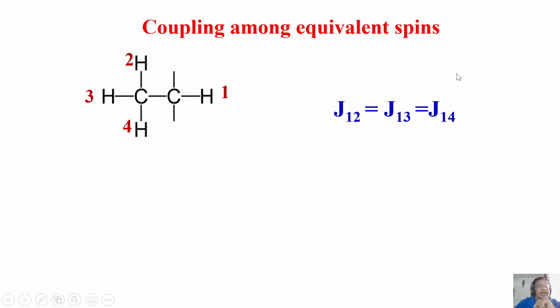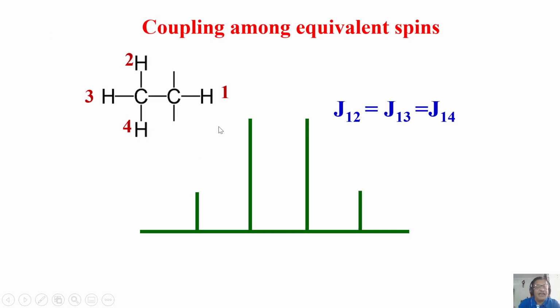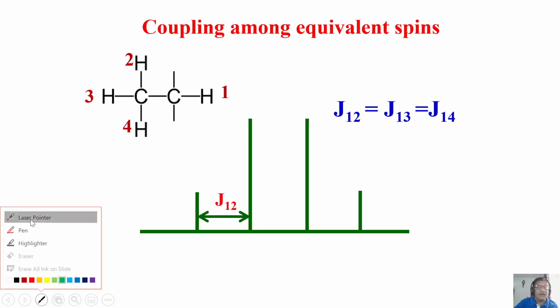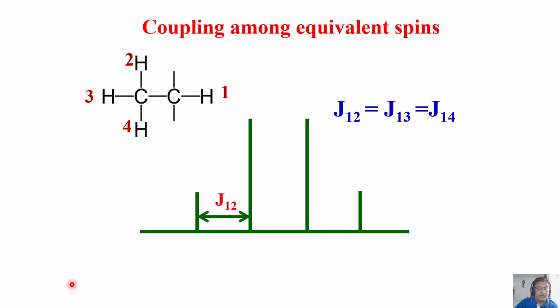This is magnetically equivalent spin. All the three protons are same. Coupling to all other coupled proton is same. That's our definition.